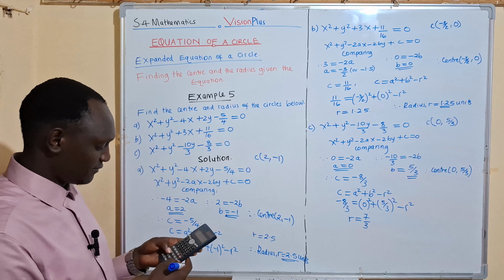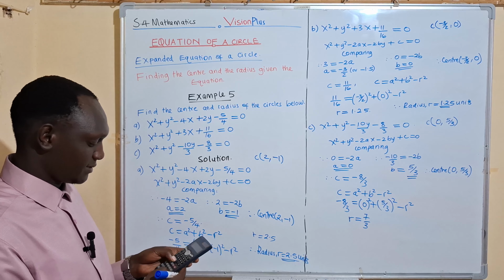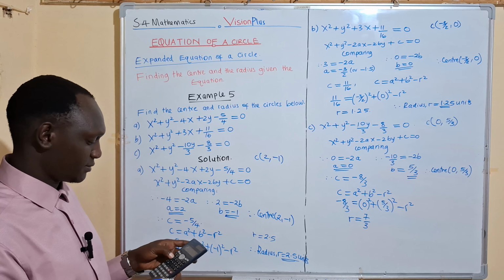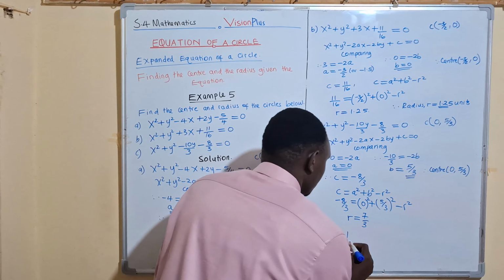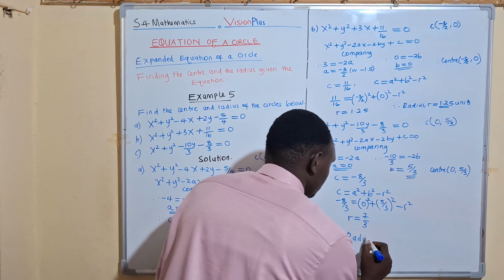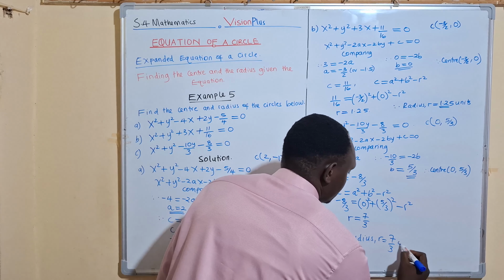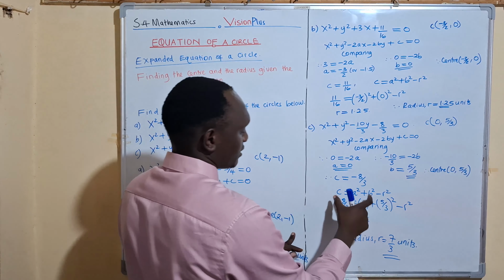So let me prove: 5 divided by 3 squared plus 8 divided by 3, then the square root. Yes, I'm getting 7 out of 3. And therefore, the radius R is 7 out of 3 units. Please go on and solve this.